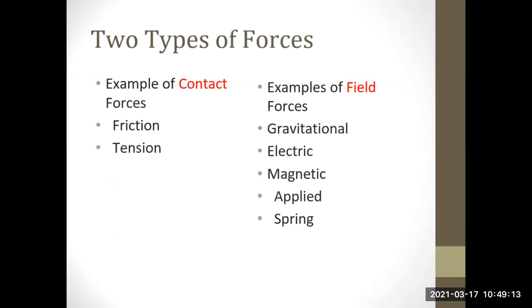Now see, two types of forces. Examples of contact forces are friction and tension. Friction and tension, this concept will come in your next class, students, but in short, I'll explain. Friction is what? An opposing force. If some object is moving and a force is applied in the opposite direction, that is a stopping force.